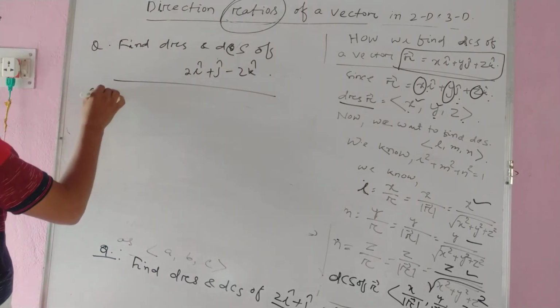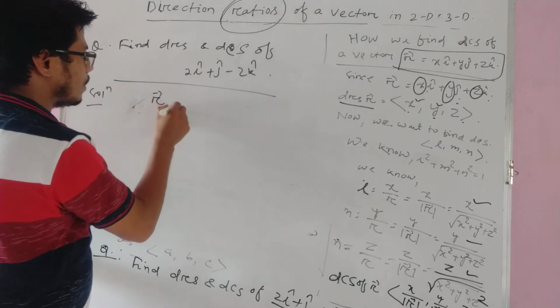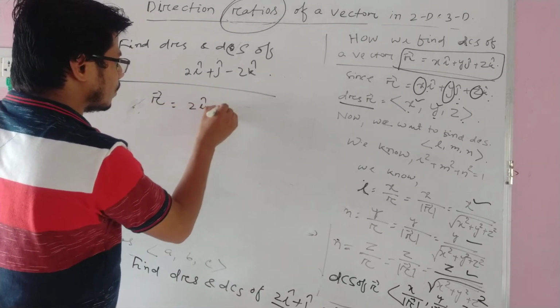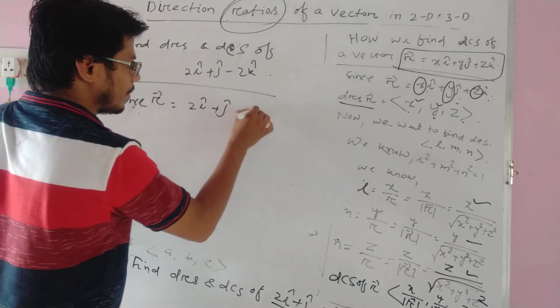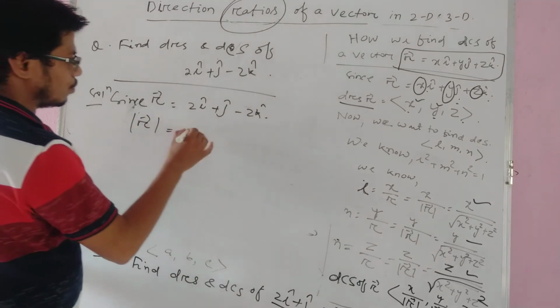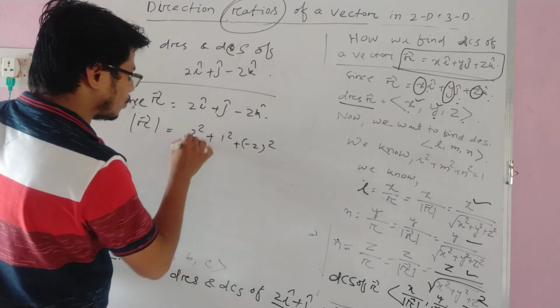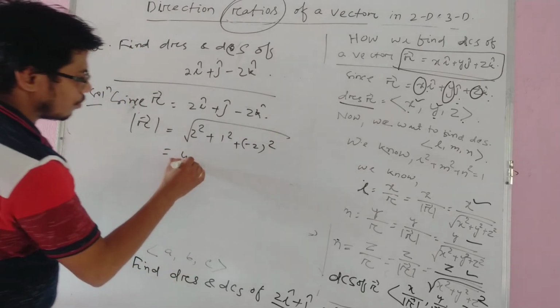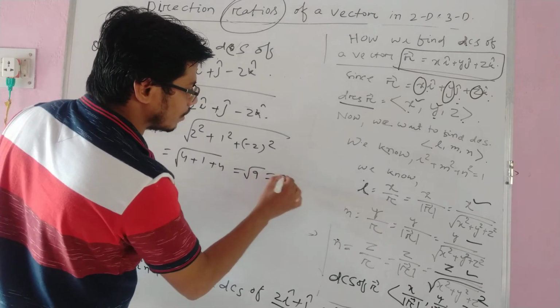The solution: let r vector be equal to 2i plus j minus 2k. So the magnitude of r vector is the square root of 2 square plus 1 square plus minus 2 square, that is the square root of 4 plus 1 plus 4, equal to the square root of 9, equal to plus 3.